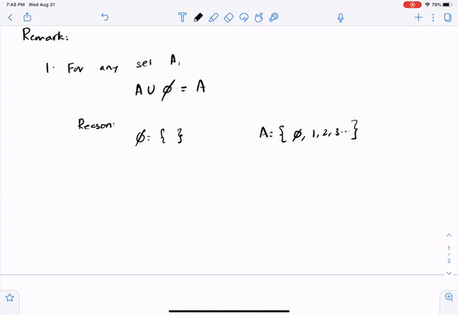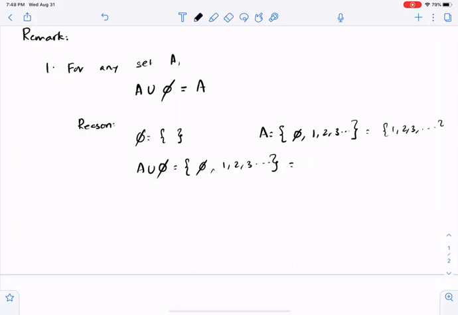Well, I want to combine them and I want to write A union empty set. Well, if I combine nothing with nothing, I still have nothing. So there is that nothing, and 1, 2, 3. But we don't have to specify that empty set. I can simply write it as 1, 2, 3.